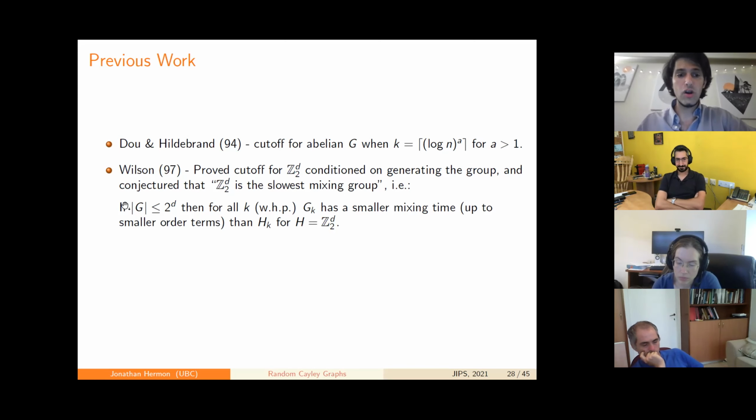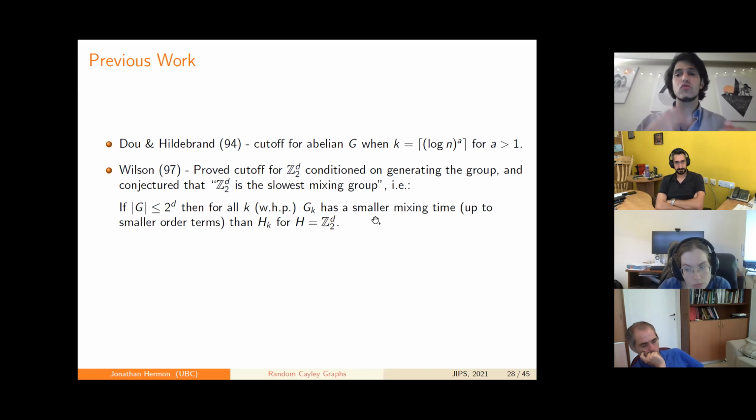So for all groups G of size at most 2 to the D, he conjectured that for all values of K, number of generators, with high probability, the mixing time of G_K is smaller, up to smaller order terms that vanish in the limit, than the corresponding mixing time when we look at the group Z mod 2Z to the D.